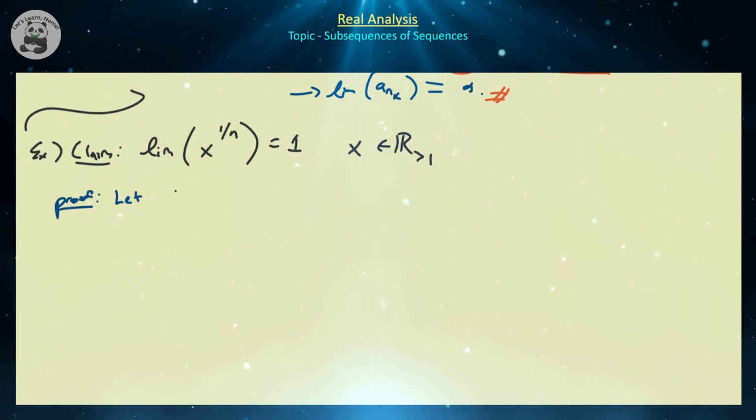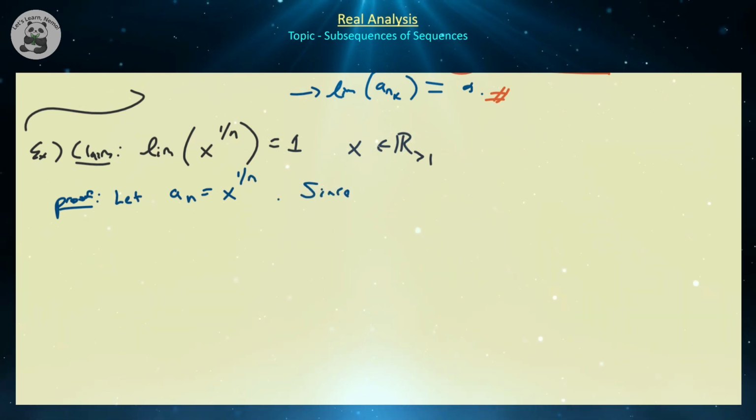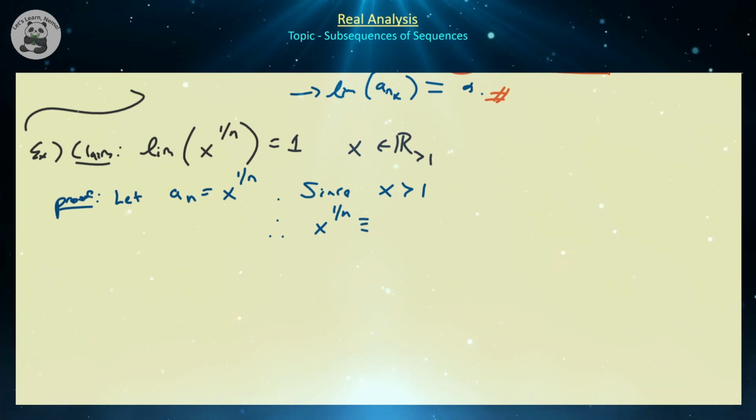So we're going to let our sequence a_n be equal to x to the power 1 over n. Since x is assumed to be bigger than 1, what do we have? That means x to the power of 1 over n, which is equivalent to the nth root of x, will also be bigger than 1.